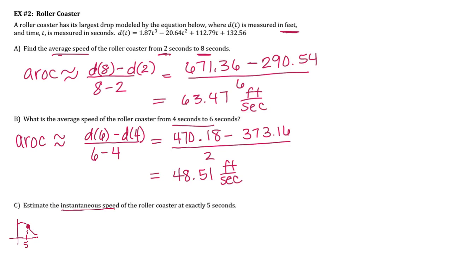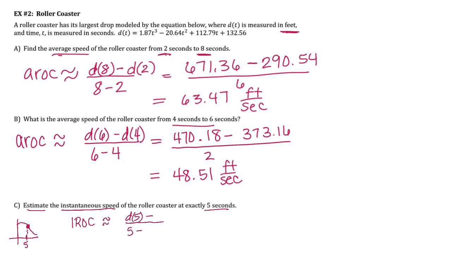So what we need to do is set up our quotient so our instantaneous speed or rate of change is approximately, and keep in mind we know we have exactly 5 seconds. So I know I have a 5 minus, and we need something, over our D at 5 minus something. And so here we need a point that is super duper close to this 5.